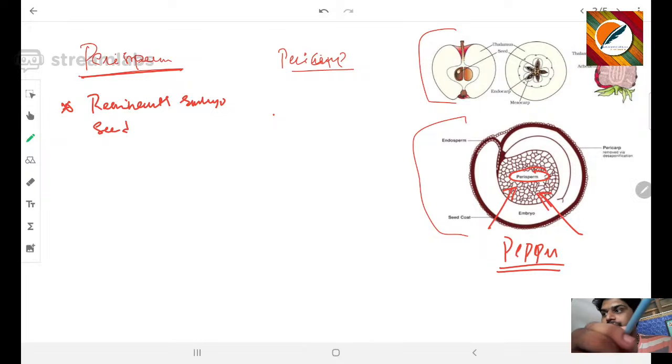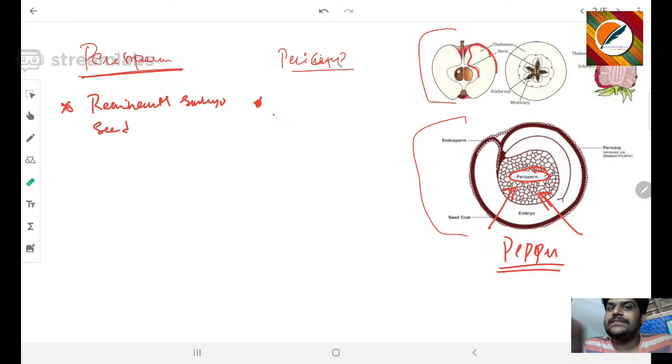For the next differentiation, in the pericarp, the ovary wall develops into the fruit. You can see over here, this is the ovary wall, both the endocarp and the mesocarp have developed. These are called the pericarp.